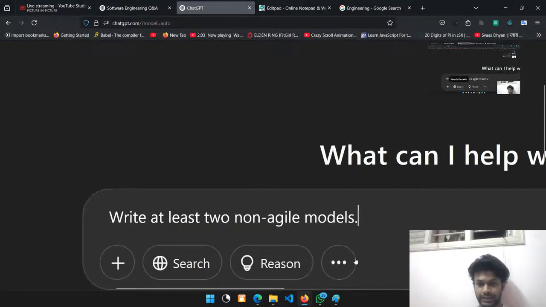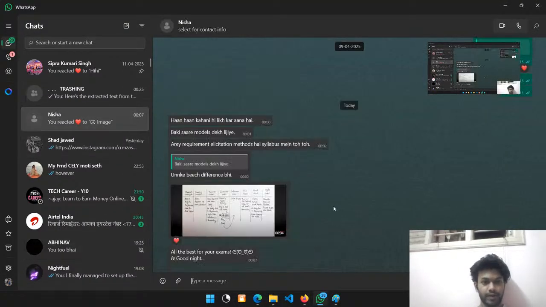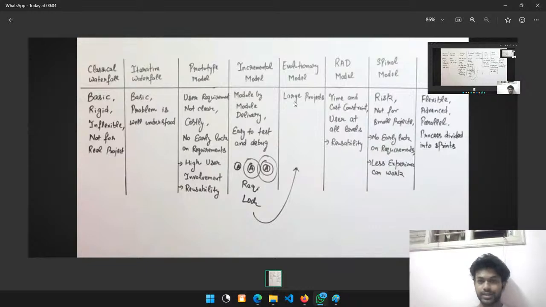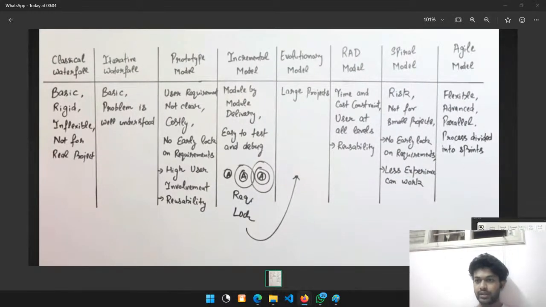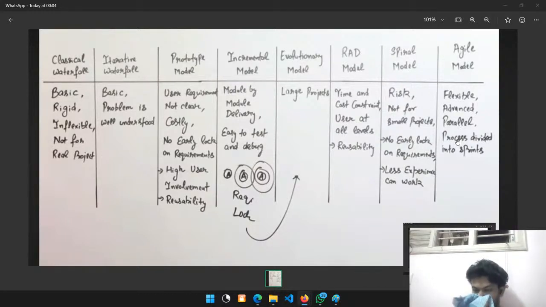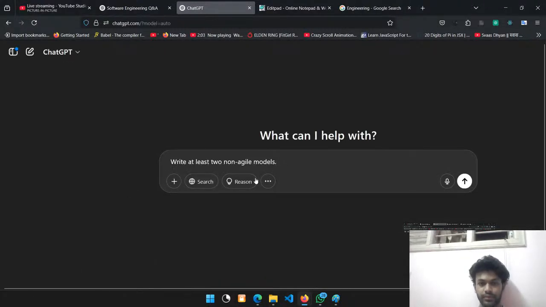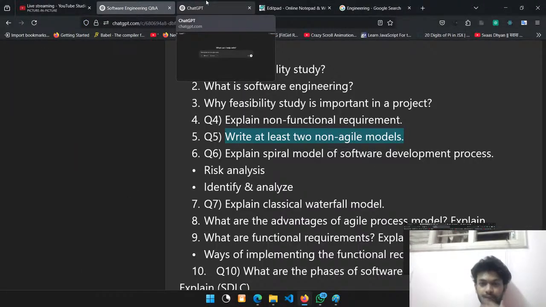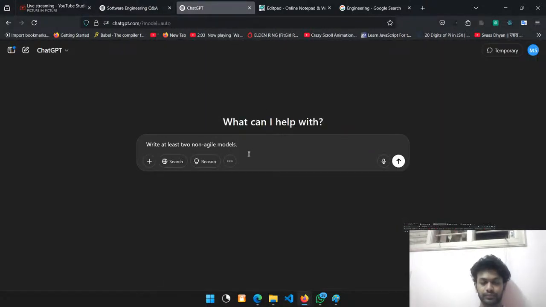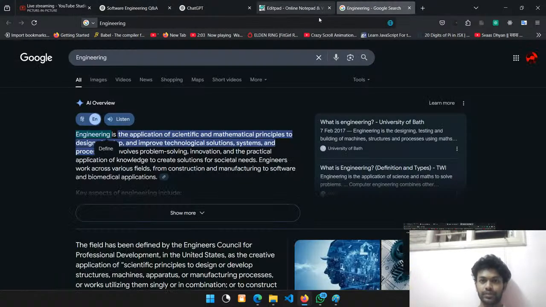Non-agile models. Let me just have a look at the picture my friend has provided. Approach: non-agile, agile. Spiral model and RAD model. Let's say RAD, and what is RAD? Let's just ask ChatGPT one more time.